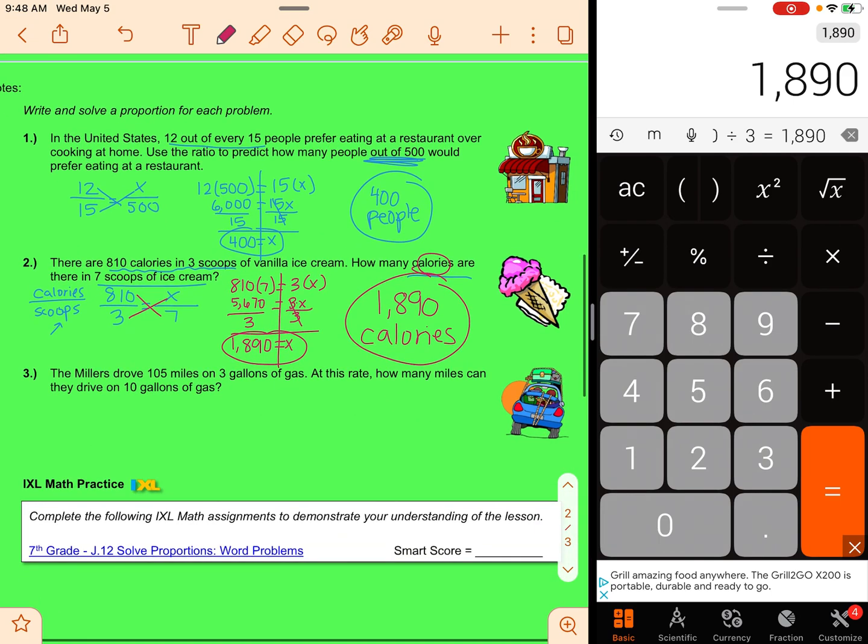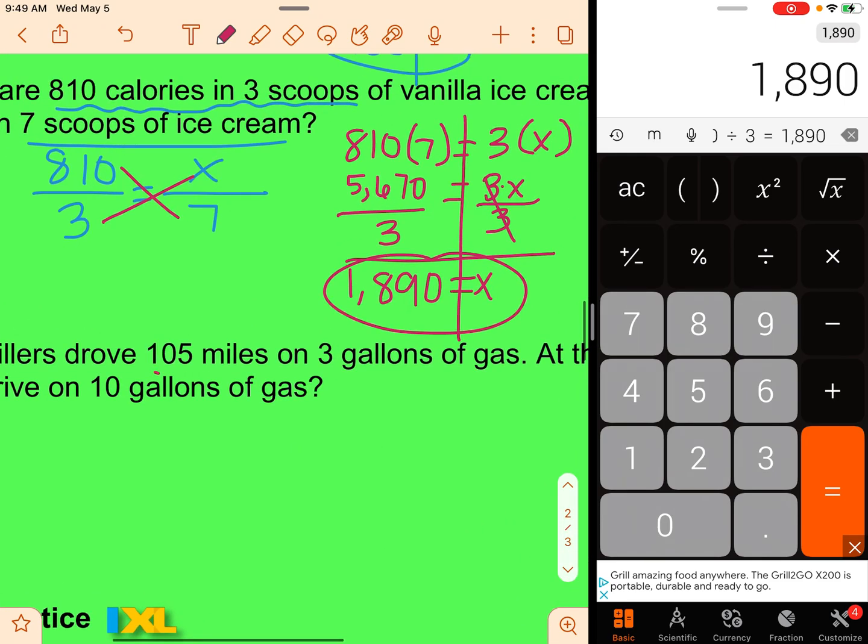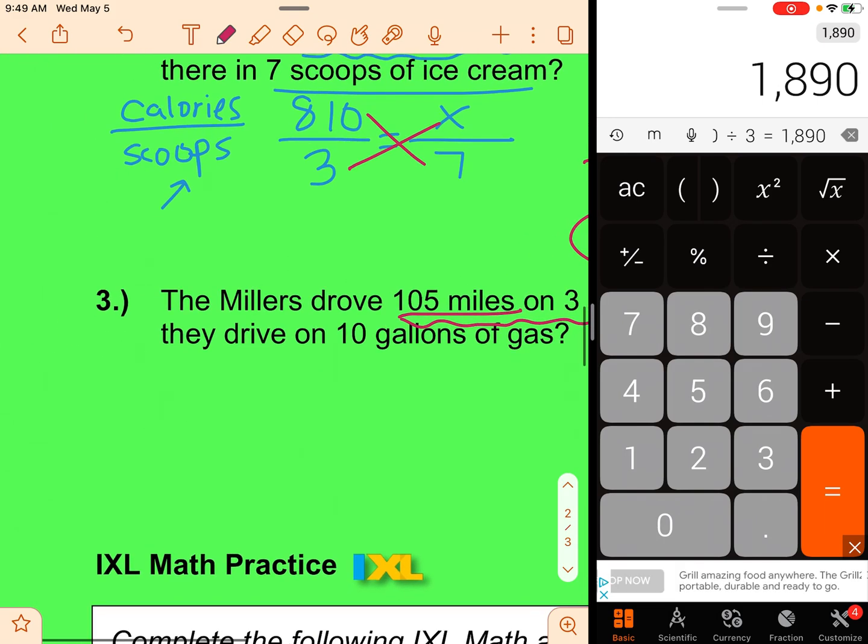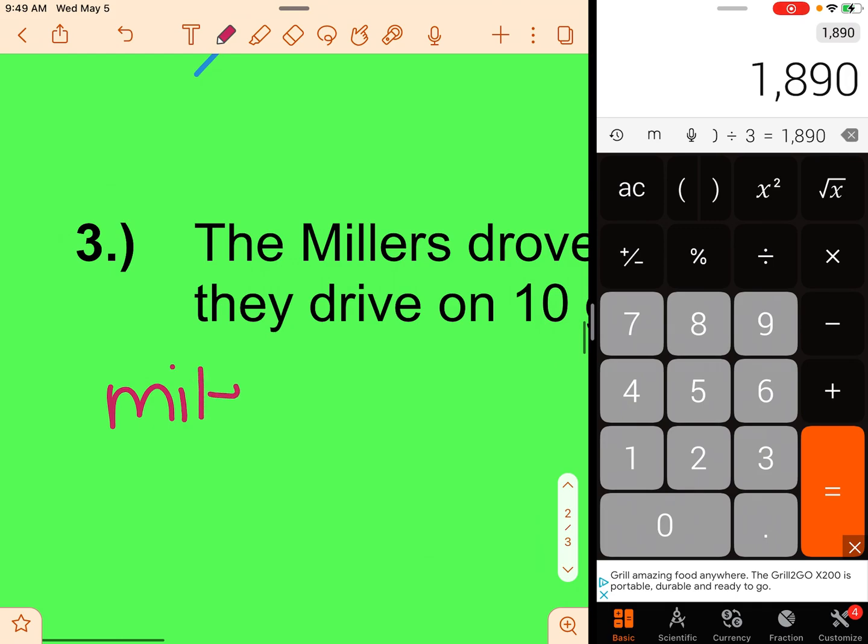Alright, and our last problem. The Millers drove 105 miles on 3 gallons of gas. At this rate, how many miles can they drive on 10 gallons of gas? Let's set up our ratio. We're talking miles over gallons. Our first number is miles and our second number is gallons.